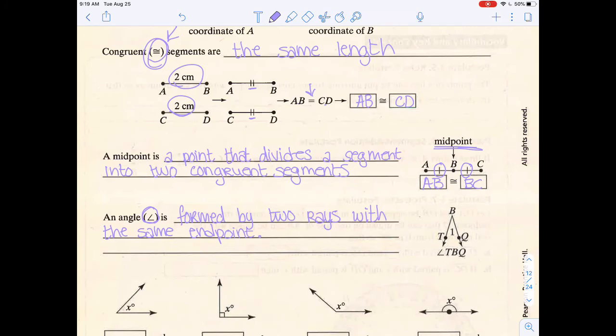We're also going to make a note that the rays are the sides of the angle. So if you look off to the side there, they've got a little example for you. We've got ray BT, ray BQ, and they make angle TBQ. Notice the corner of the angle, so like B is always in the middle when you write it with 3 letters.